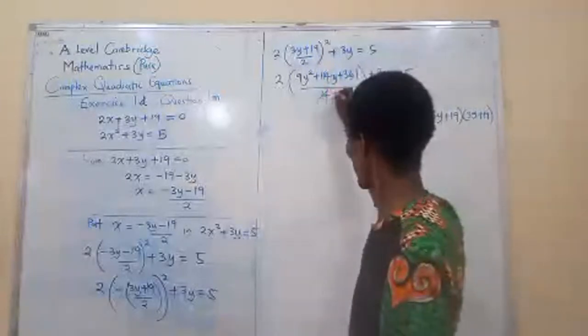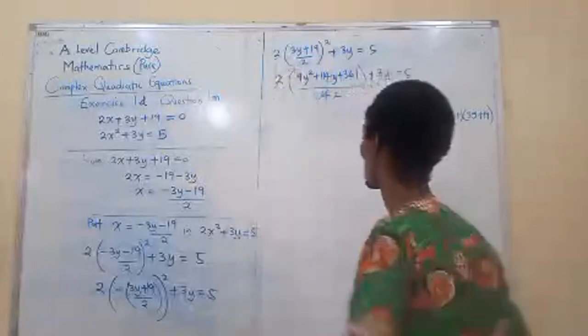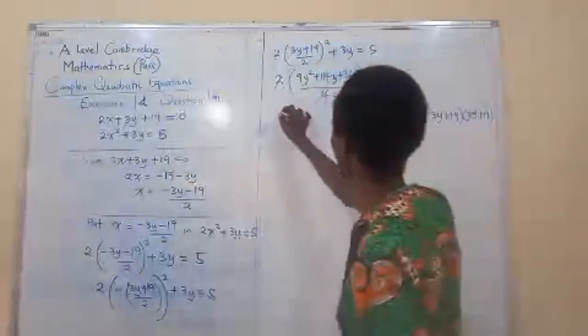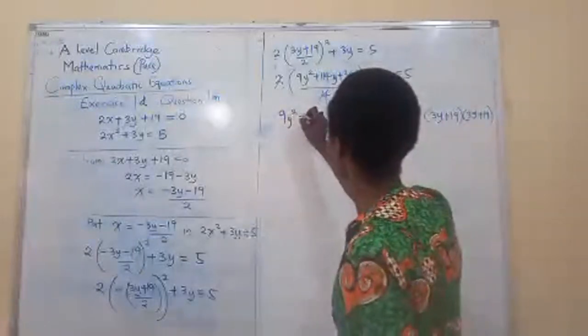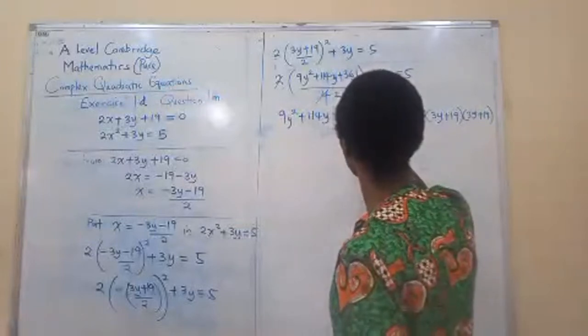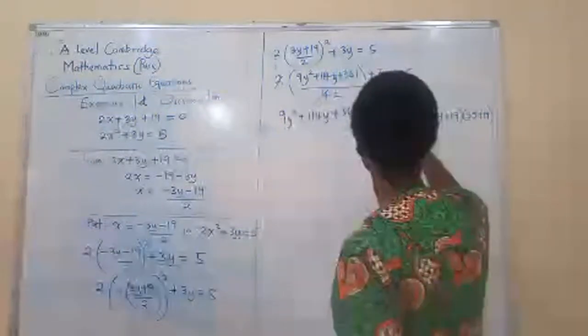Now, this will go here 2, this will go here 1. I will now multiply through by 2. This will now give me 9y squared plus 114y plus 361 plus 6y equal to 10.